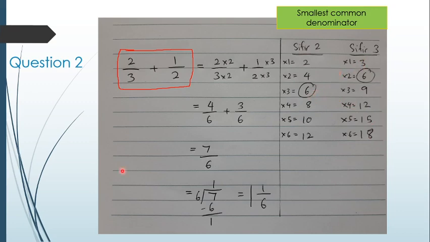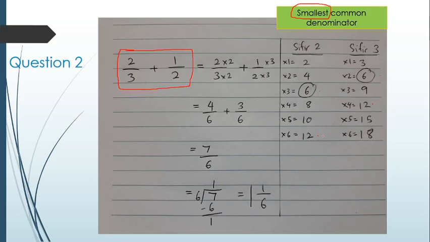We can see here 6, 12, isn't it? 6 in both sifir, 12 also in both sifir. Ada nombor 6 ada dalam kedua-dua sifir, nombor 12 ada dalam kedua-dua sifir. But that's why I said smallest. So we want to find the smallest, yang paling kecil lagi. 12 ni boleh kita guna, tapi dia lebih besar. Bila lebih besar, dia lebih susah.